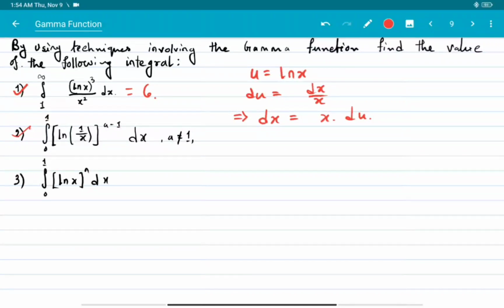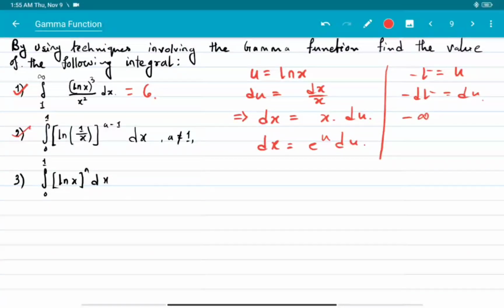And dx could be written as e to the power u du, right? And you see this minus t equals u, and minus dt will be du, so minus infinity turns into this infinity, and this 0 turns out to 0.